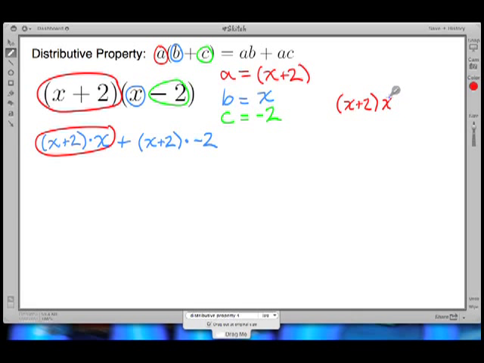So a is x, b is x, and c is 2. So we first multiply x by x to get x times x plus x times 2, and that's going to simplify to x squared plus 2x.